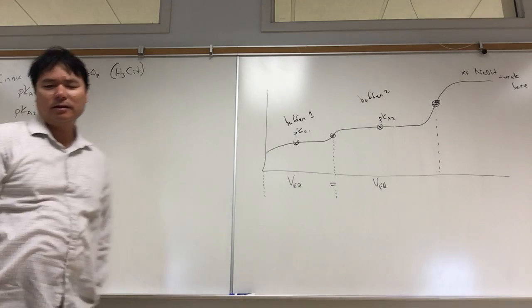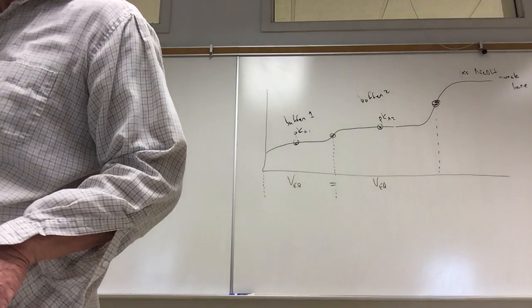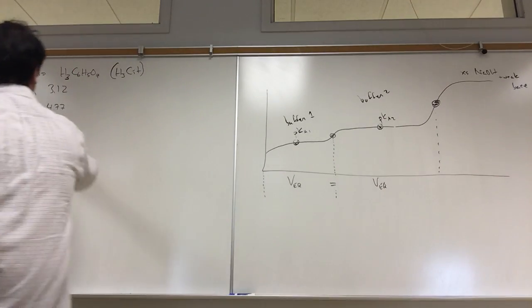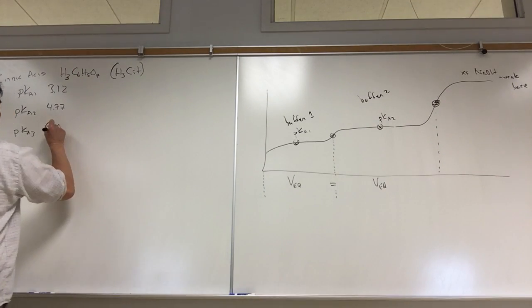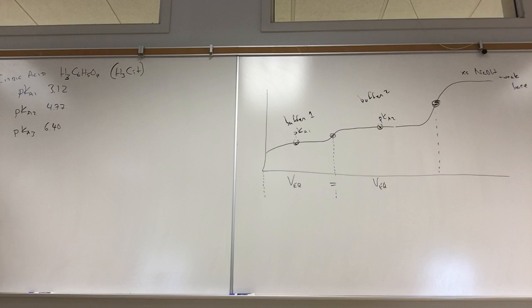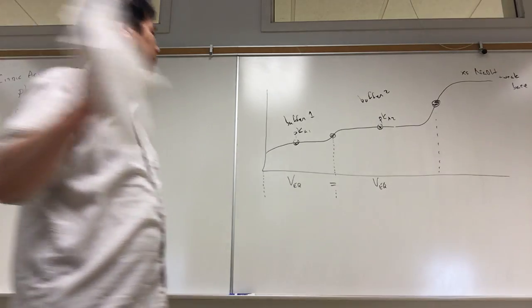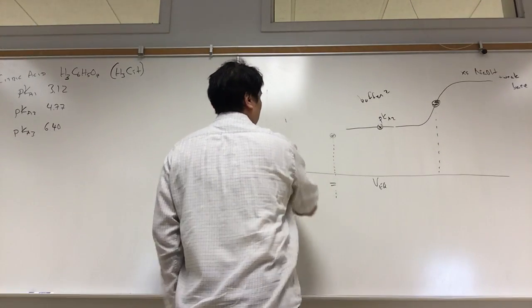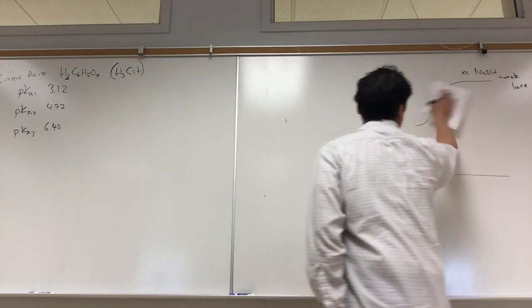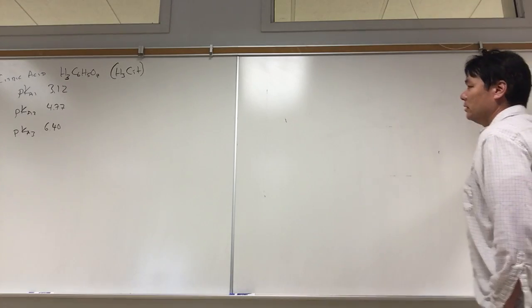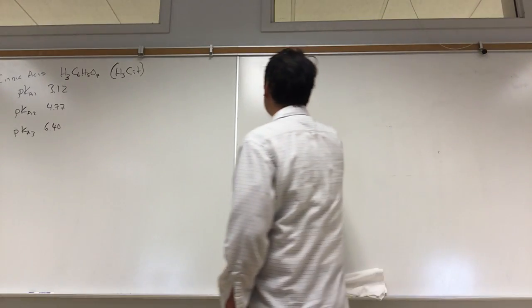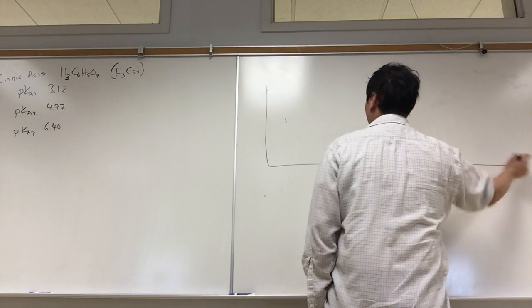Was it 6? I think I got those mixed up. 6.40, sorry. It's not 6.70, 6.40. All right, so these points are easy to place on the titration curve. Just take a look at what we expect the titration curve to look like here.